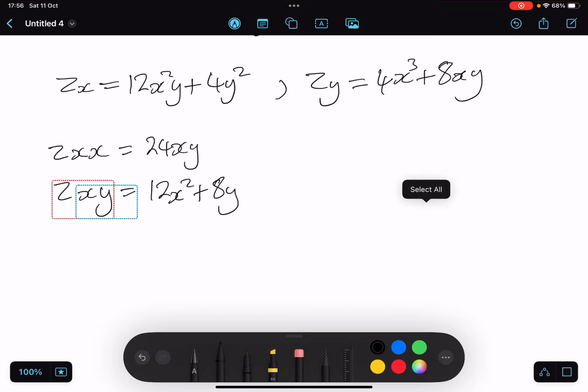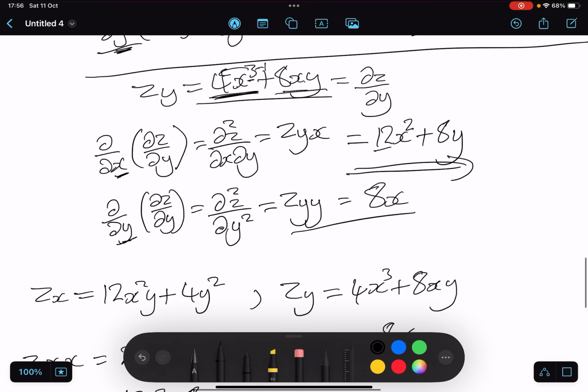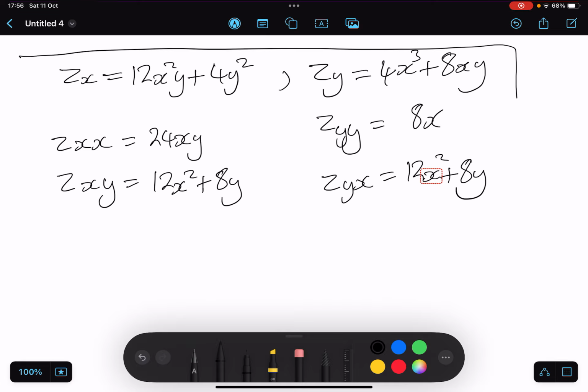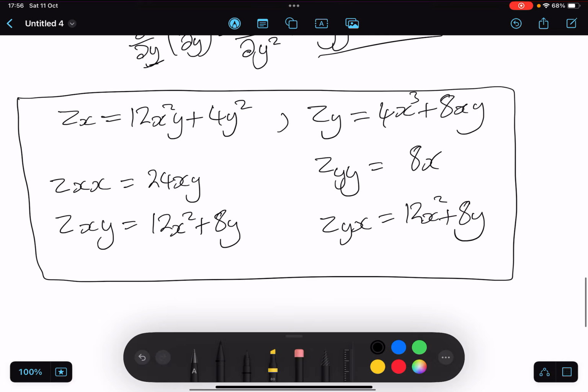On this side we found zyy to be 8x, and zyx was 12x squared plus 8y. So these are our workings for this function, z equals 4x squared y plus 4xy squared. So this is how we go about solving this one.